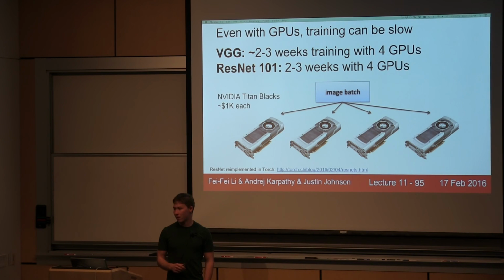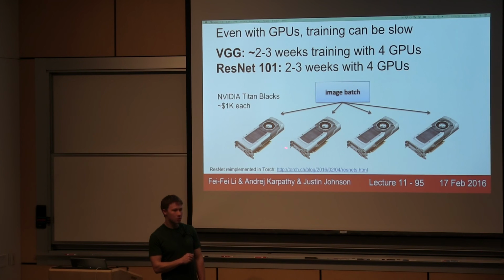One easy way to split up training across multiple GPUs is just to split your mini batch across the GPUs. Normally, especially for something like VGG, it takes a lot of memory, so you can't compute with very large mini batch sizes on a single GPU. So you'll have a mini batch of images, maybe 128 or something like that.